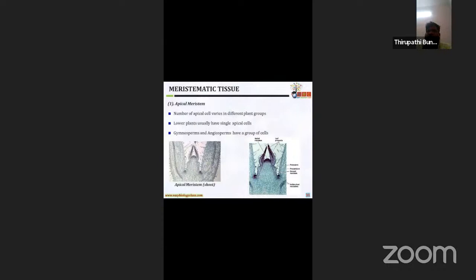Lateral meristems divide only in one plane, showing periclinal divisions. That is lateral meristem.